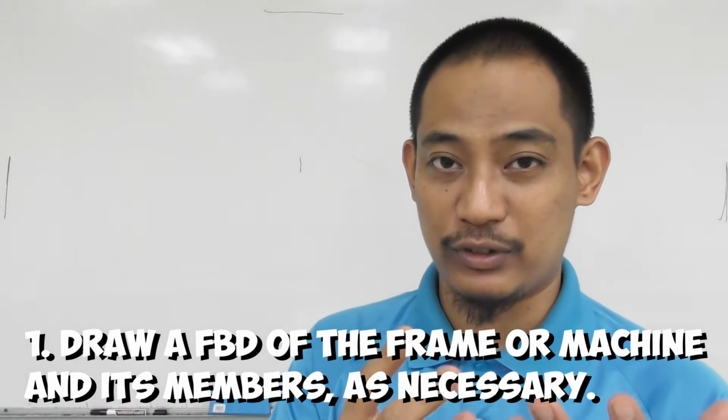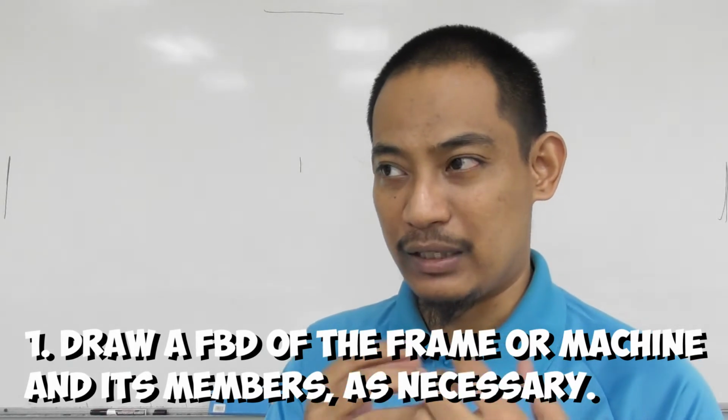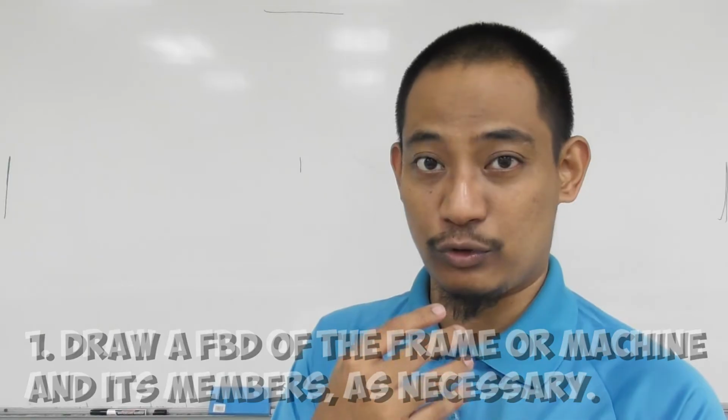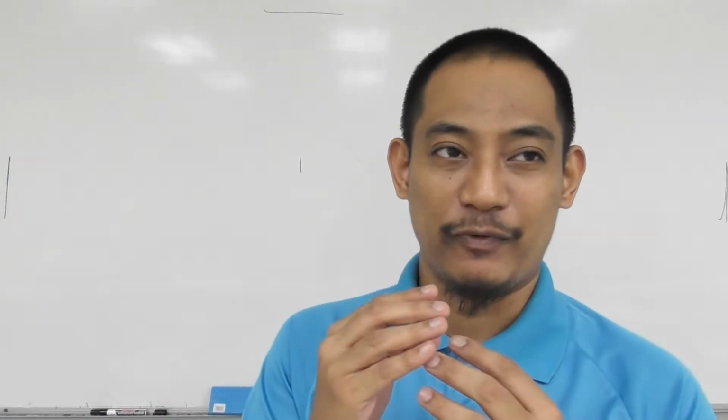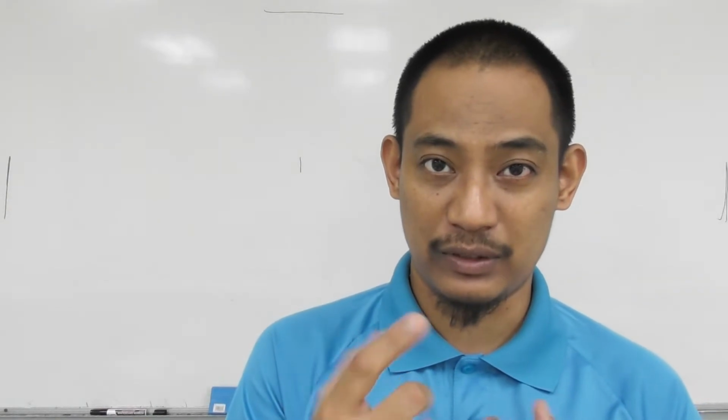However, to draw the free body diagram, there might be some things that you should consider first, right? If you recall, in trusses, when you want to draw the free body diagram, the question you ask is, is there any zero force member? Just by looking at it, can you identify any zero force member? Because that will affect how you draw the free body diagram.